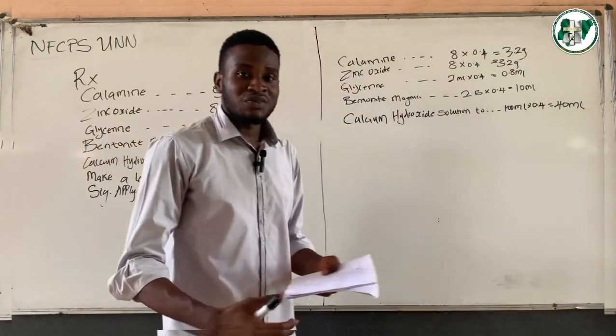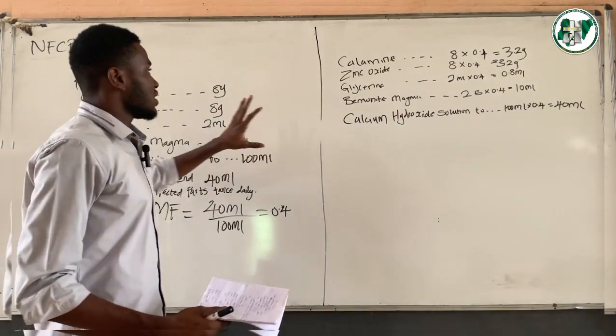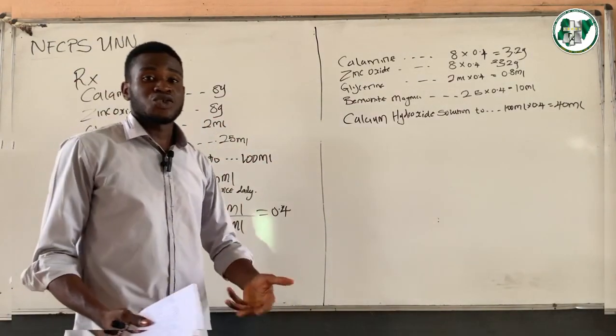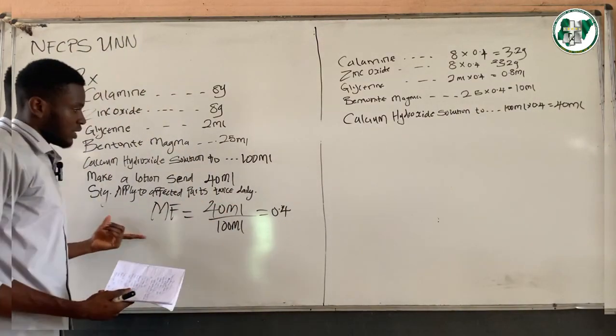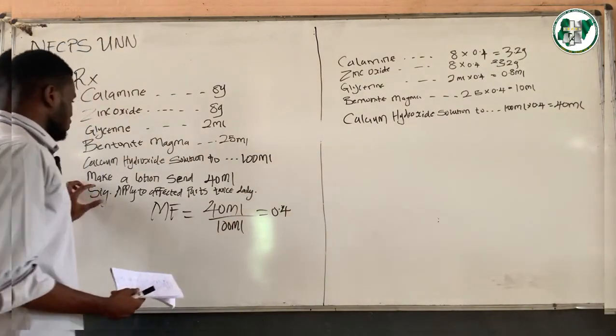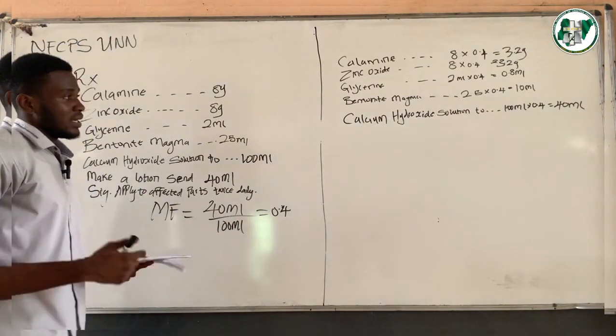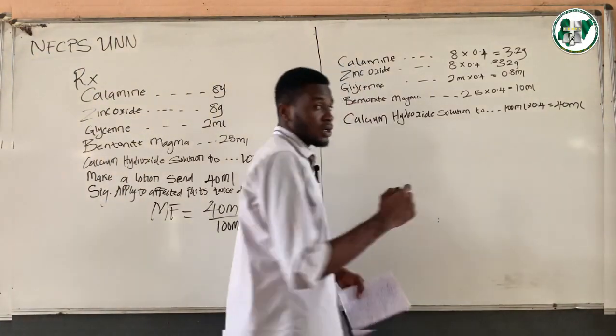I told you from the beginning that I'm not going to be writing the label for this particular product. It's something you do so that at least you show me that you're actually working. You can see the direction here is already interpreted for you. All you have to do is write out the label and put this direction the way it is here. Let me add that the auxiliary label for lotion is for external use only.